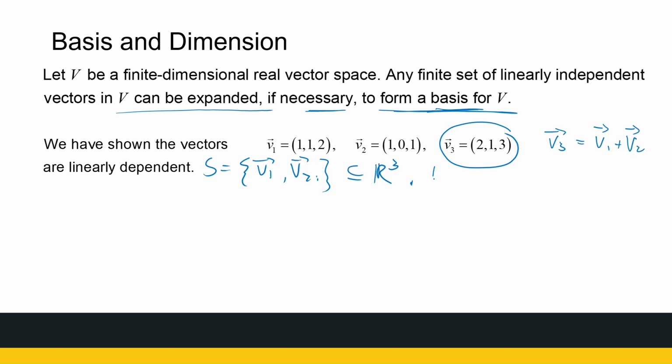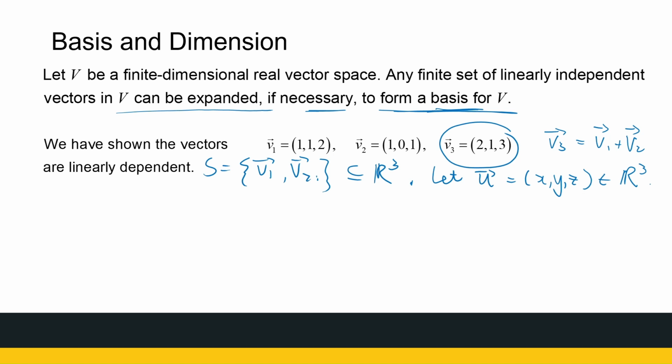So let our new vector that we want to add be u, let it be equal to, let's call it x, y, z, some element of R3. I want u to be my third vector in S, so S can be a basis for R3.